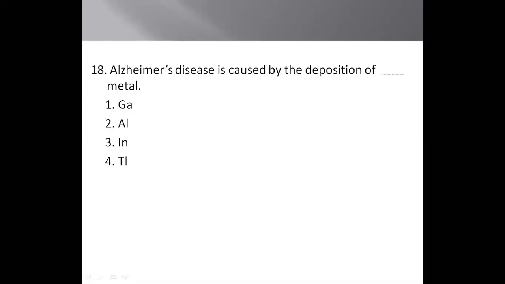Because when we use aluminium containers for cooking and aluminium for packing, there are many things in which we use aluminium, and that enters the human body. And aluminium is neurotoxic in nature. That means it causes neurodegenerative diseases. Alzheimer's disease is also a neurodegenerative disease, and that is because of intake of aluminium metal.